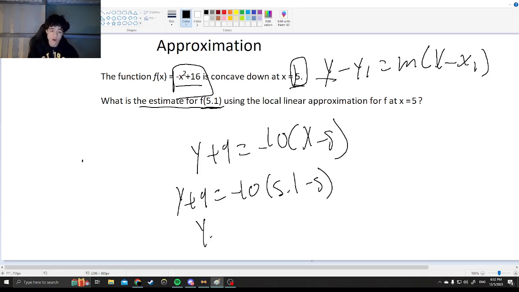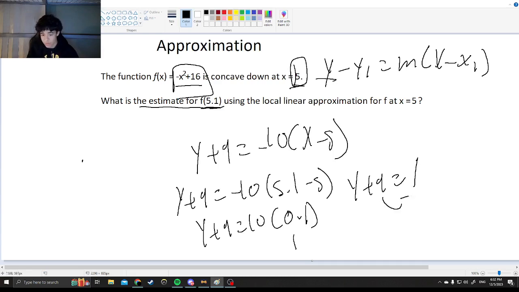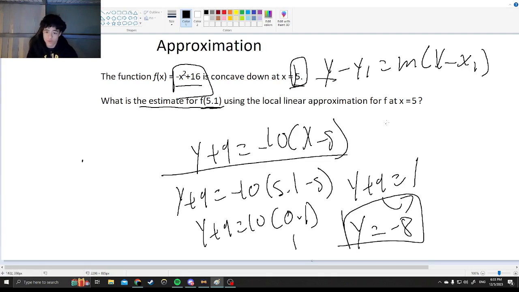So you have y plus 9 equals negative 10 times 0.1. Negative 10 times 0.1 is just negative 1. So y plus 9 equals negative 1, and we'll subtract the 9 over, y equals negative 10. So the value of f of 5.1 using our local linear approximation line is negative 10. Or if you wanted to, you could write 5.1, negative 10, and that would be the actual point value.